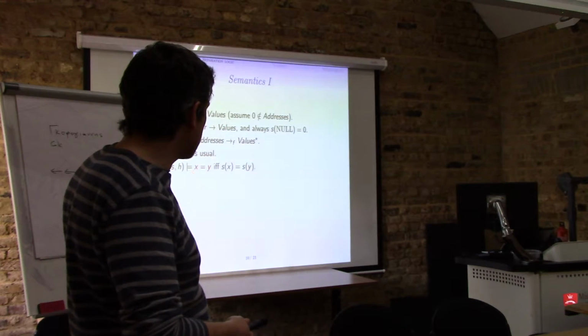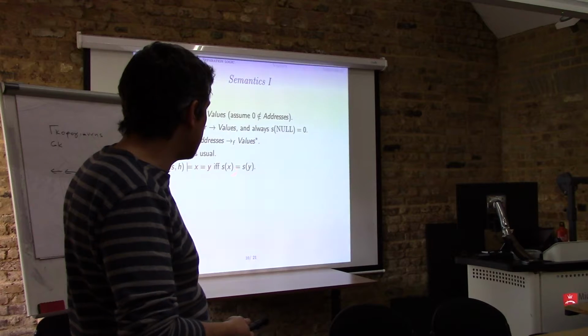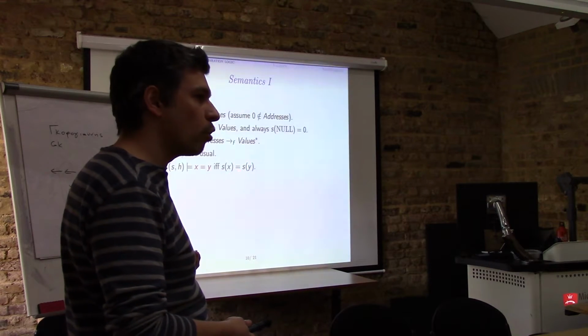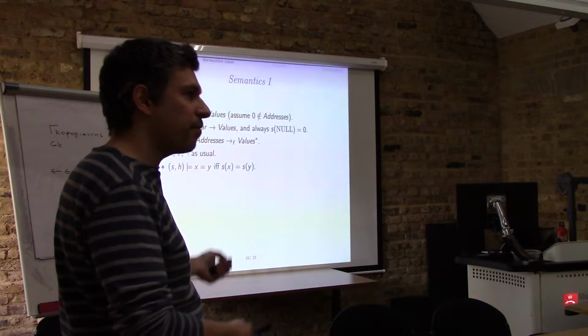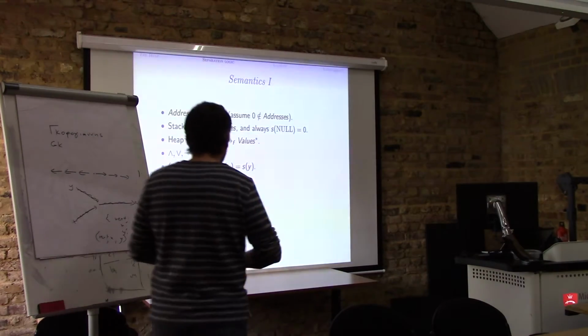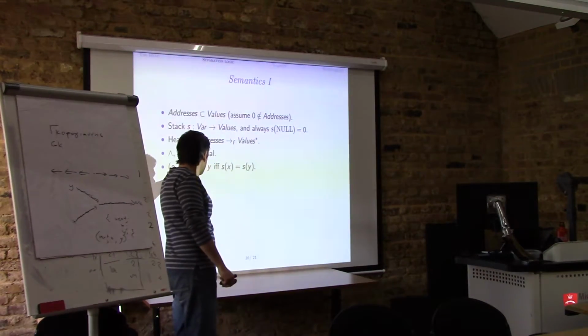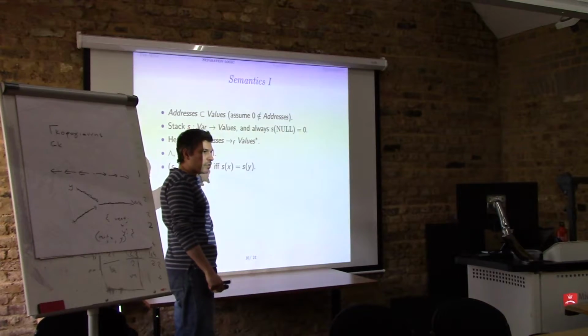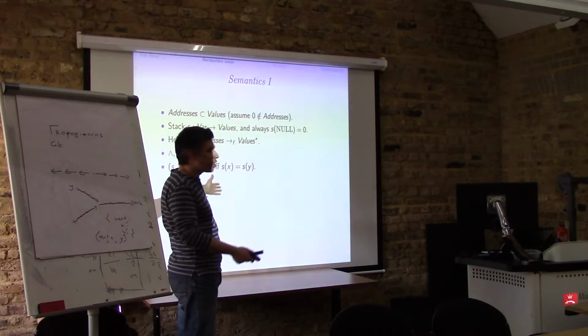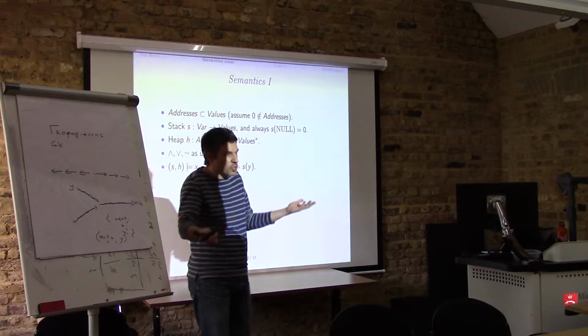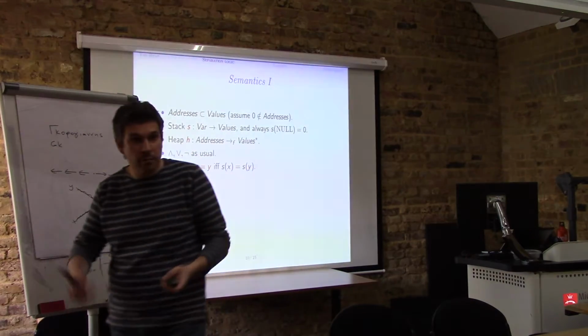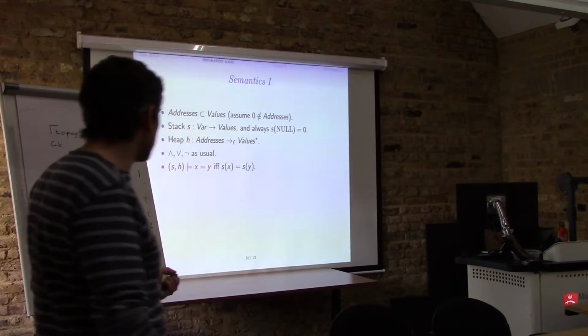And it interprets equality only using the store. So if you want to decide whether this program state makes the variables x and y equal, you just look up those values and compare them using the store. It's a very trivial thing.